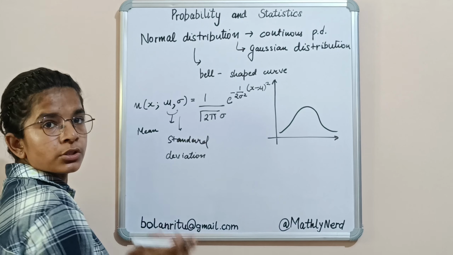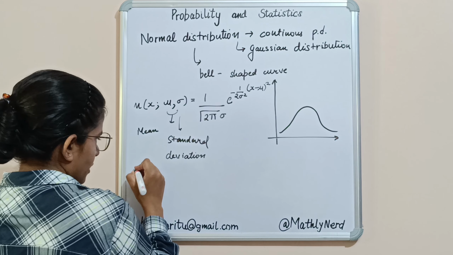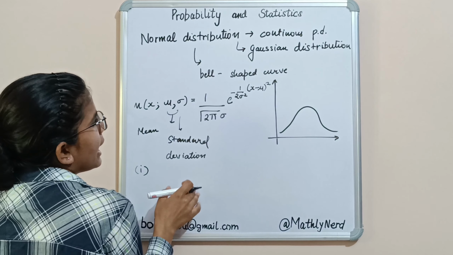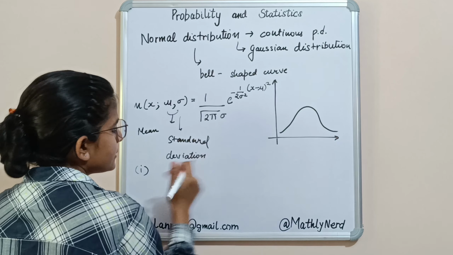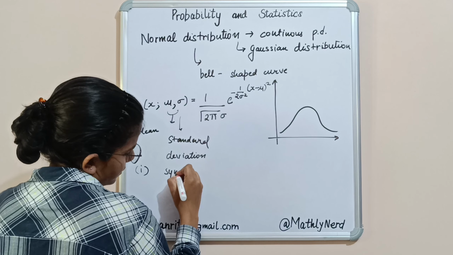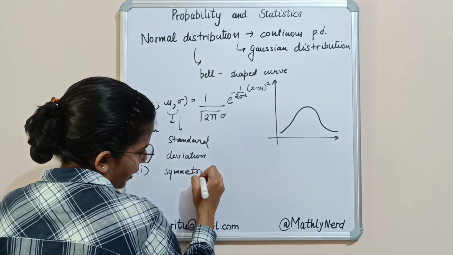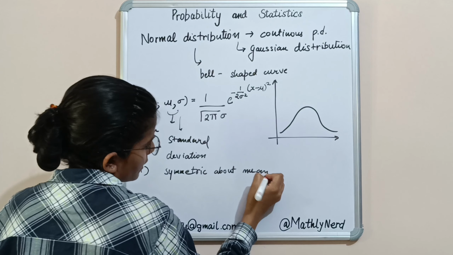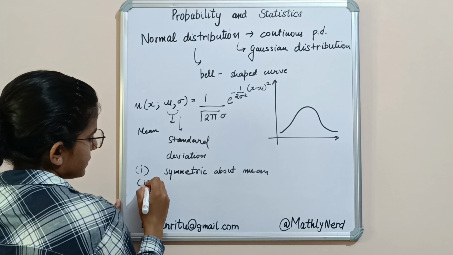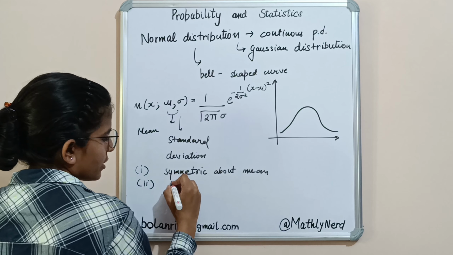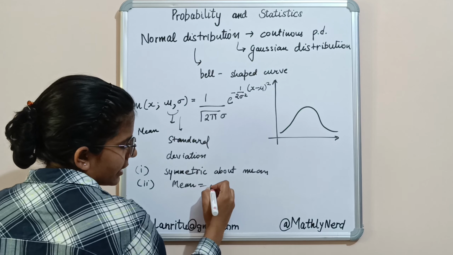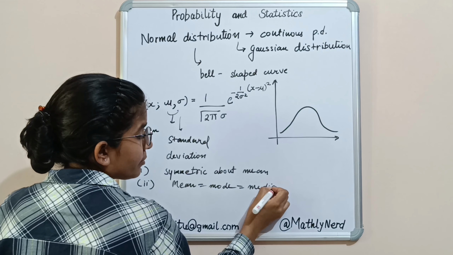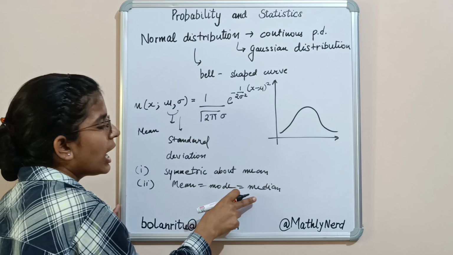Now we will talk about properties of normal distribution. First, this is a bell-shaped curve, and the curve is symmetric about the mean. The second property is, in normal distribution, mean equals mode equals median.